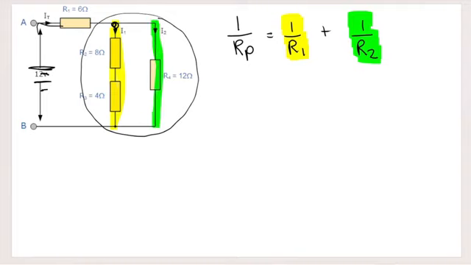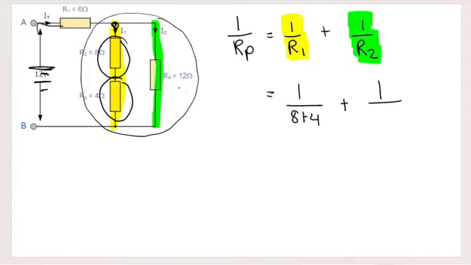So it's 1 over R1, but R1 is 8 plus 4, or 12, plus 1 over R2, and R2 is 12.